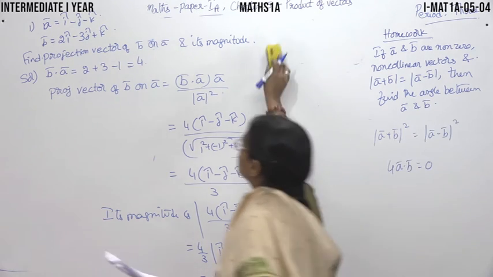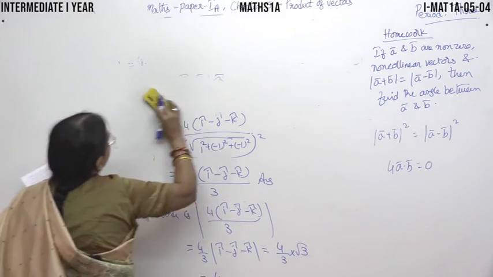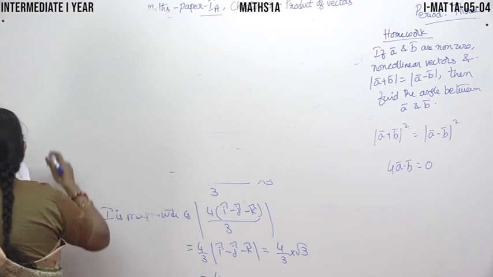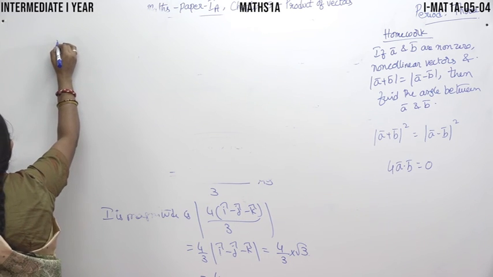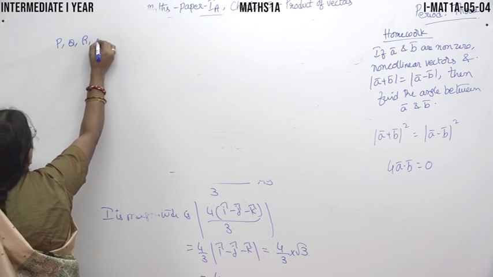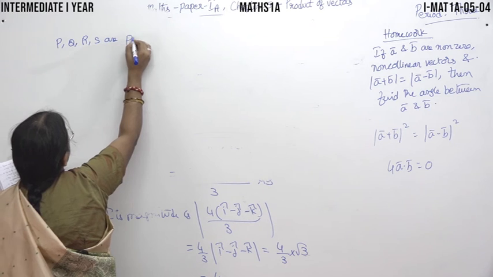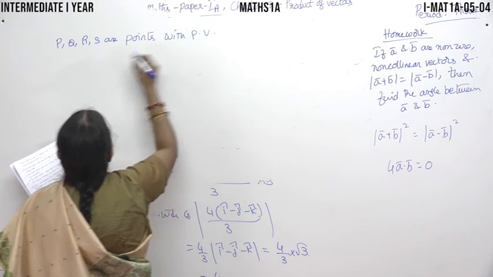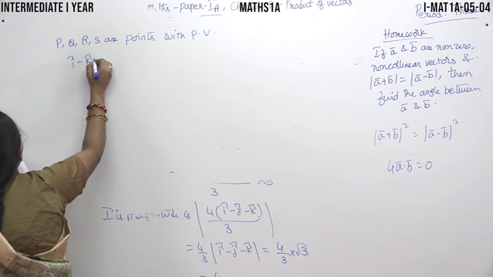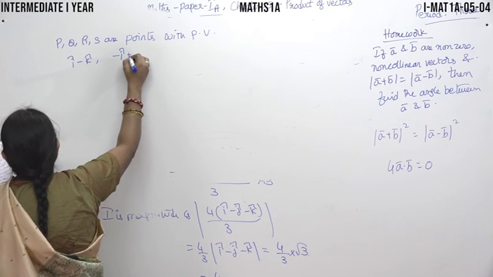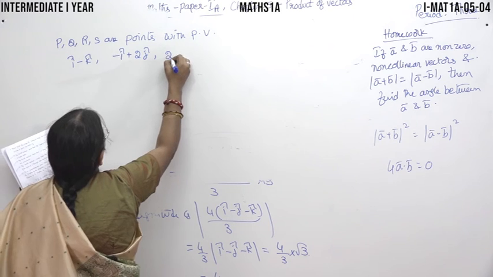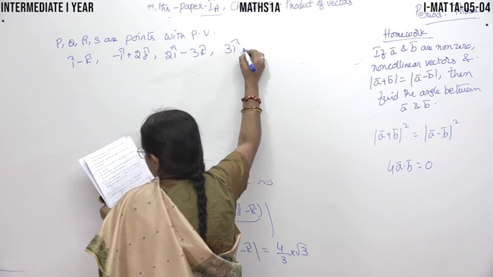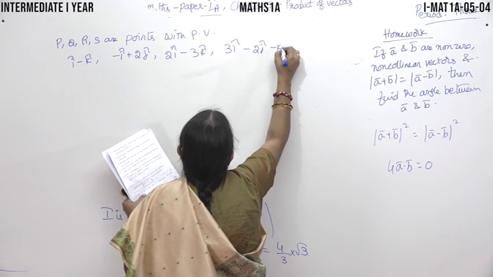Now you can take down the next problem, homework. Another problem. P, Q, R, S are points with position vectors I minus K, minus I plus 2J, 2I minus 3K, and 3I minus 2J minus K respectively.